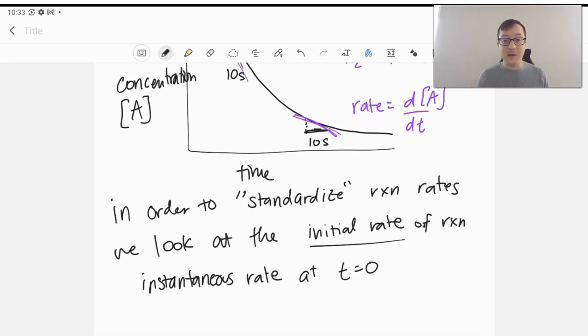We have more information about how quickly that reaction is going to proceed versus others. We can do some formulas and fun stuff. So looking at initial rates is something we're going to use to compare in order to determine what are called rate laws. And that's going to be covered in the next video.